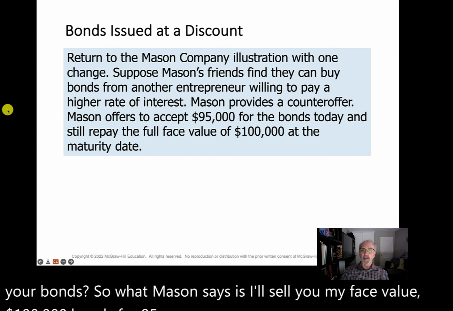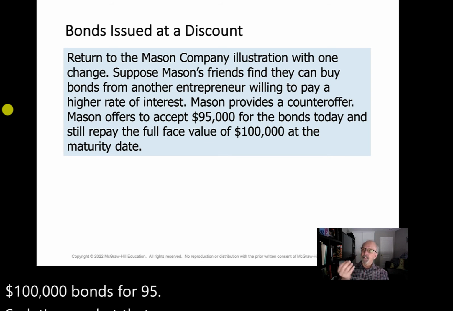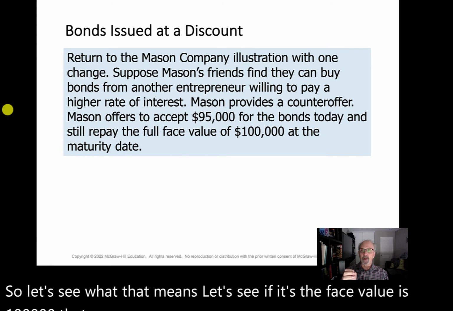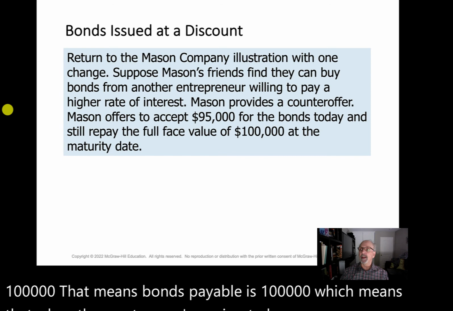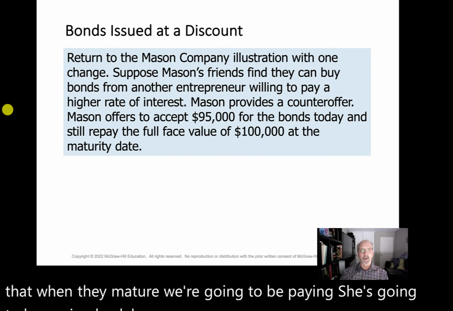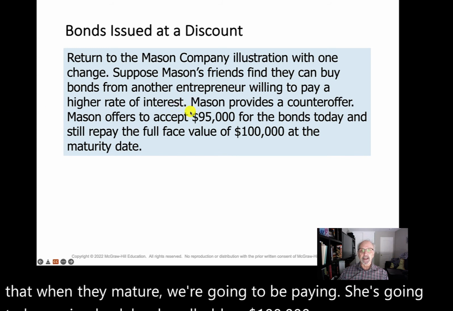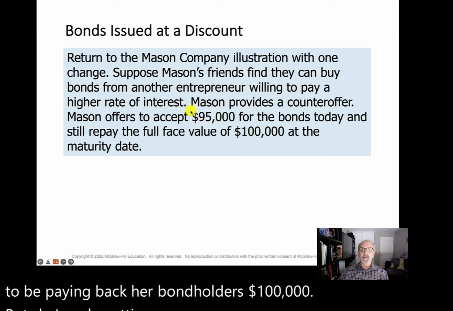So let's see what that means. If the face value is $100,000, that means bonds payable is $100,000, which means that when they mature, she's going to be paying back her bondholders $100,000. But she's only getting $95,000. So they're getting an extra $5,000 here.